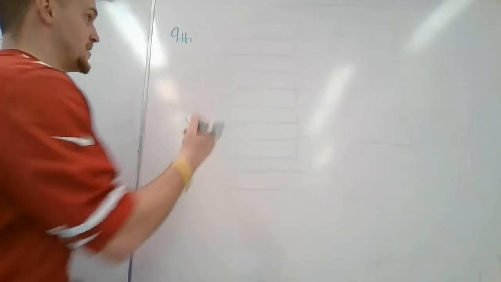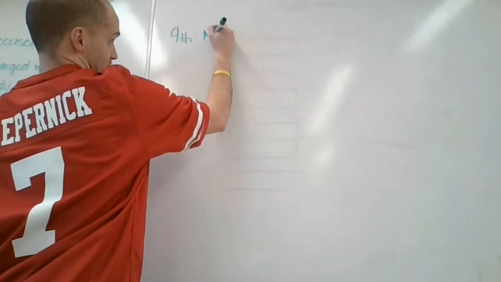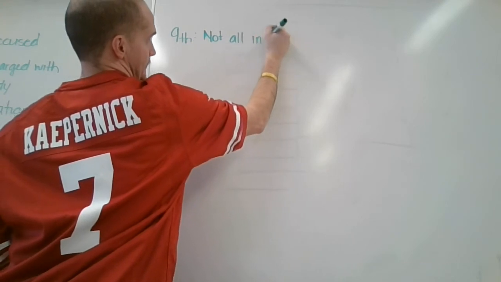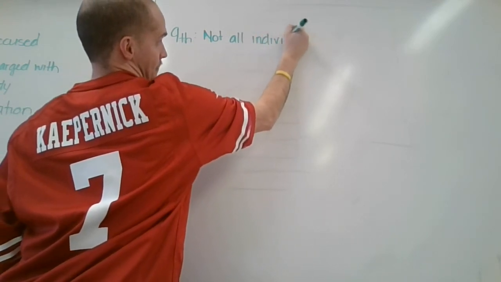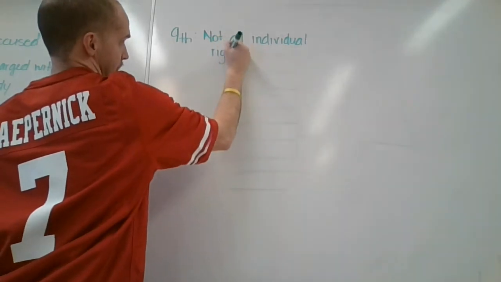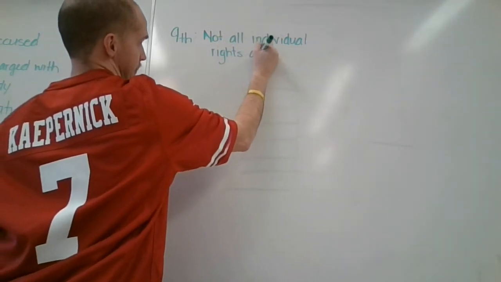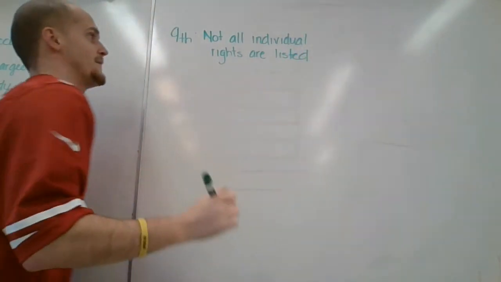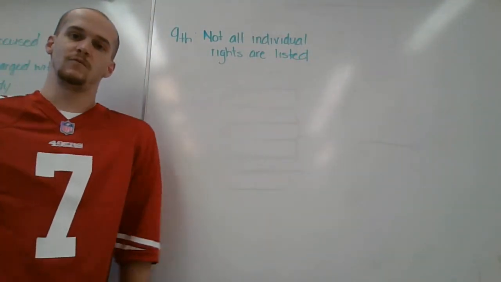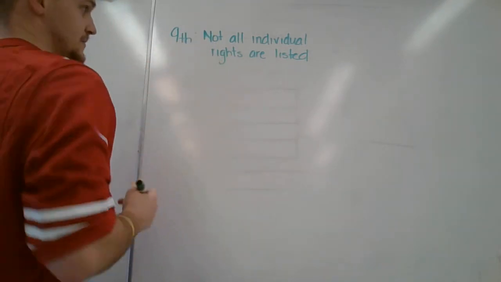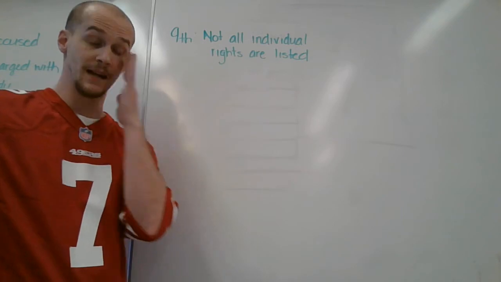And so the Ninth Amendment just says that not all individual rights are listed. So again, you have more rights than are listed within the Bill of Rights. These are just the first 10 that came to mind.